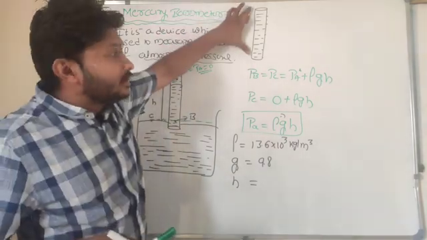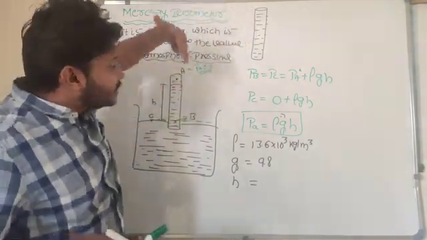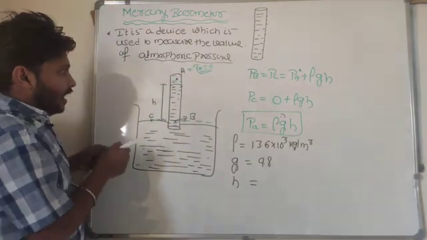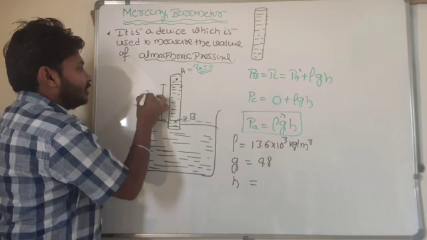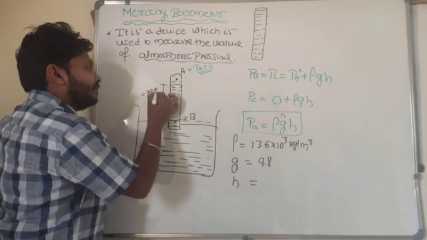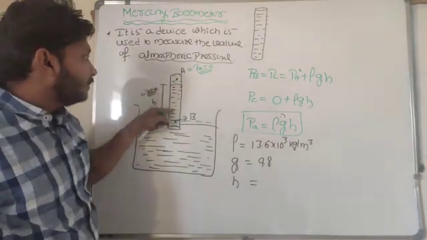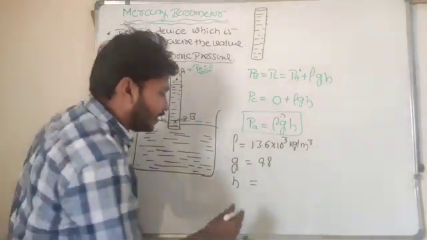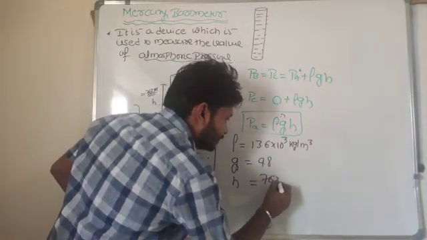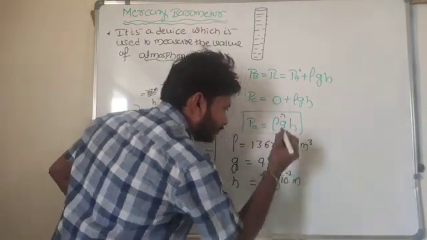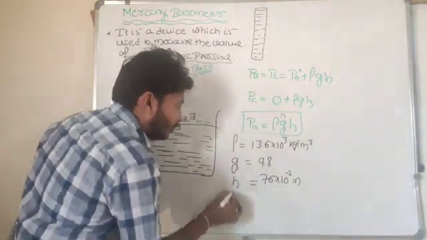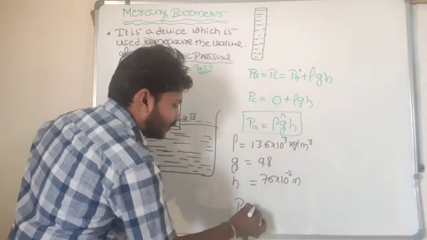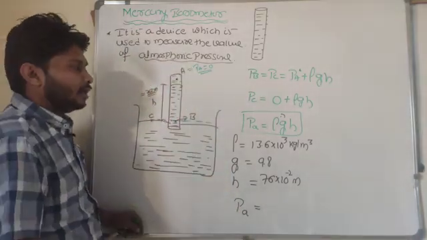The initial length is 1 meter. If I immerse it in a vertically downward direction, the length of the mercury in the long tube becomes 76 centimeter, or 76 into 10 to the power of minus 2 meter. If I know the rho, g and h values, I can easily calculate the atmospheric pressure.